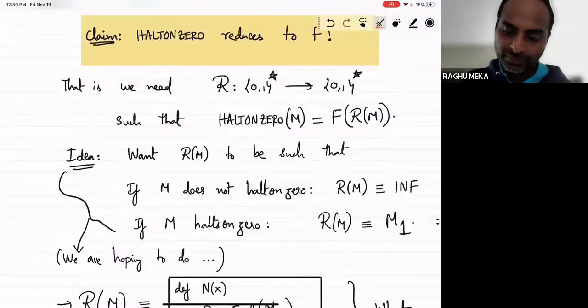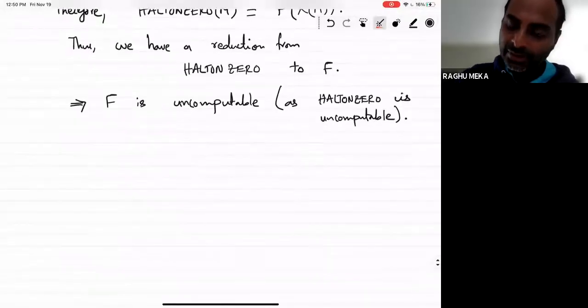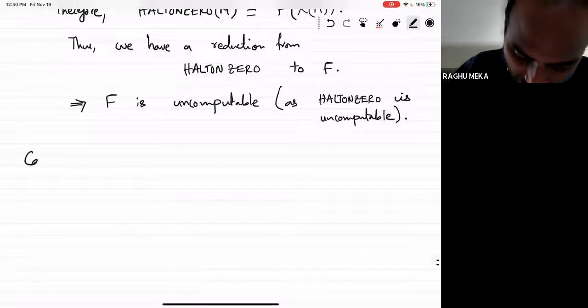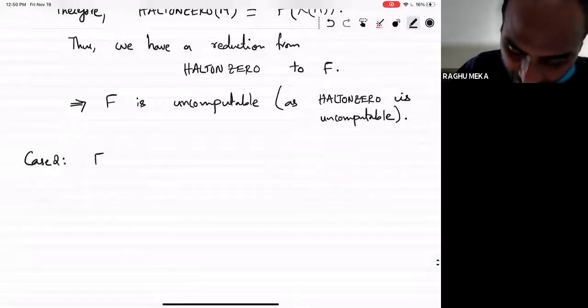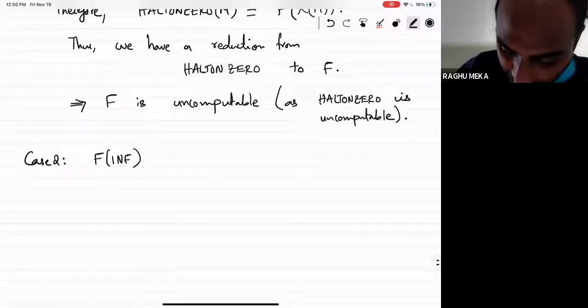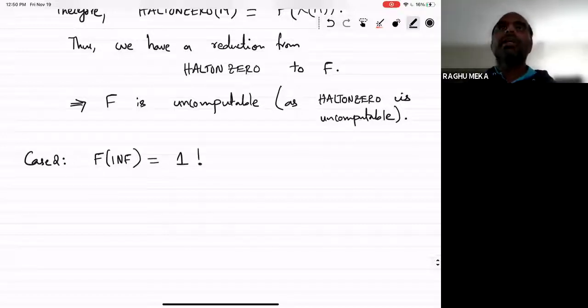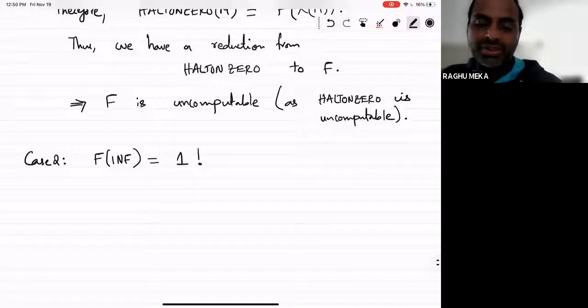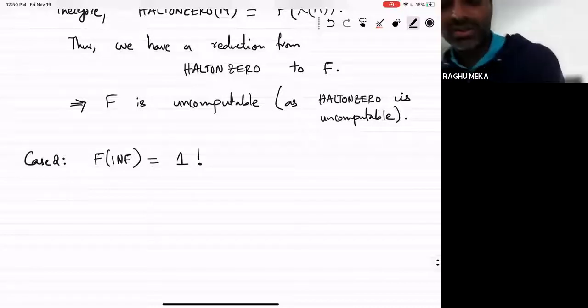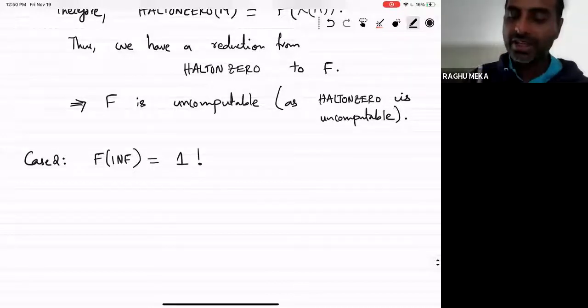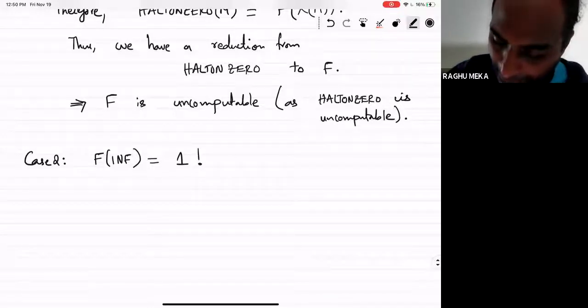Okay. And I can say we have to also handle the case where F of inf equals 1. Right? And it is not too difficult here. In this case, you can get a reduction from not halt on 0, but I'll leave that as an exercise from the homework.